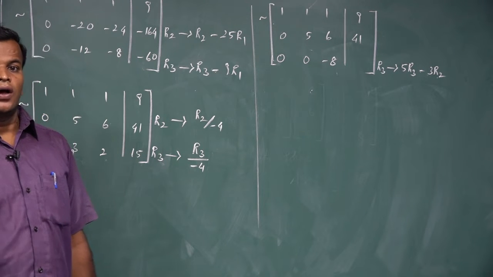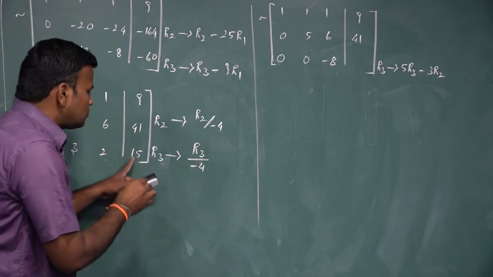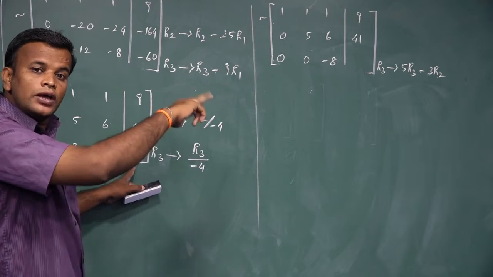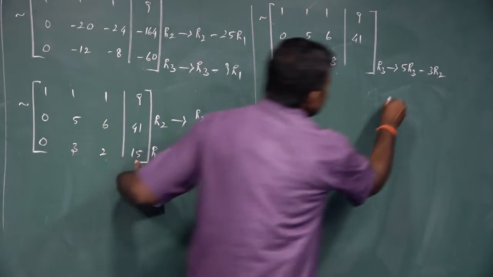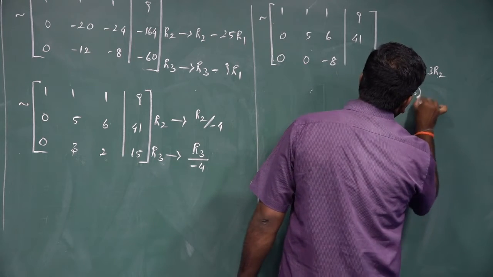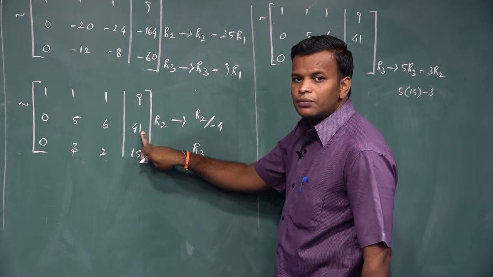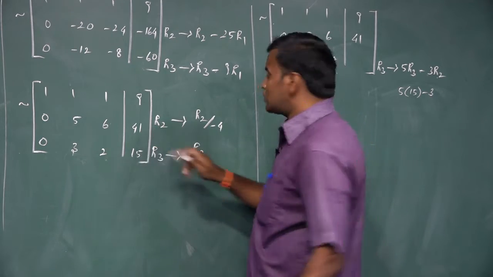Now the number 15. Do you identify how to change the number 15? We write fully the value of R3 as 5R3: 5 times the element of R3, which is 15, minus 3 times the corresponding element of R2, which is 41.